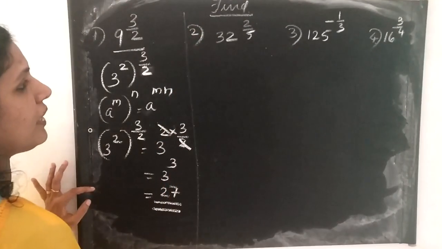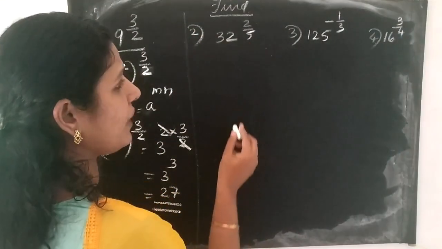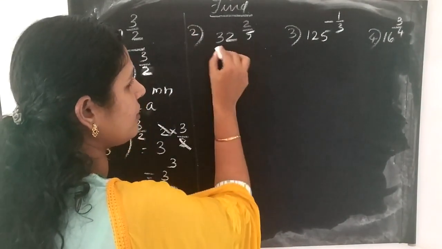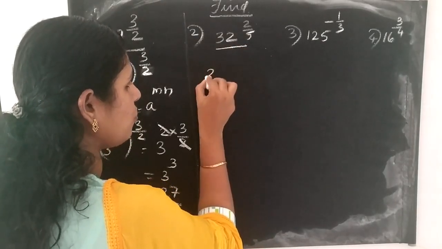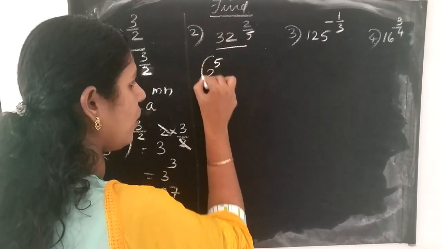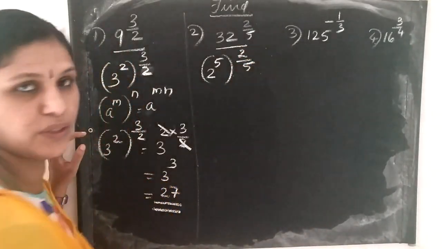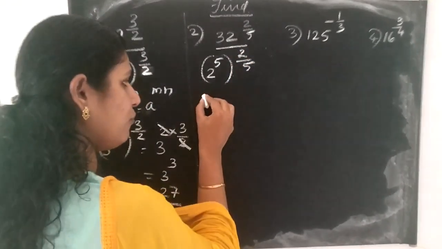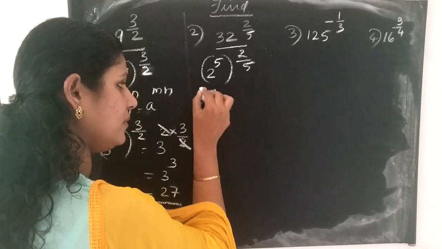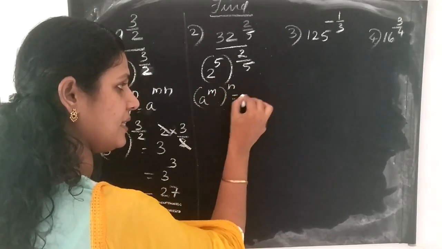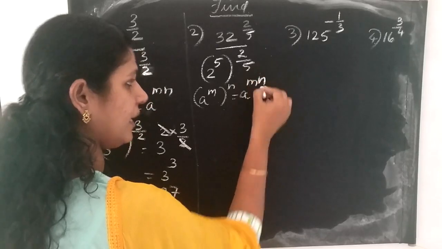Okay, understood. Now this is 32 raised to 2 by 5. Now we change this 32 as 2 raised to 5, the whole raised to 2 by 5. Okay, this is also in the form of a raised to m, the whole raised to n, that is a raised to m n.